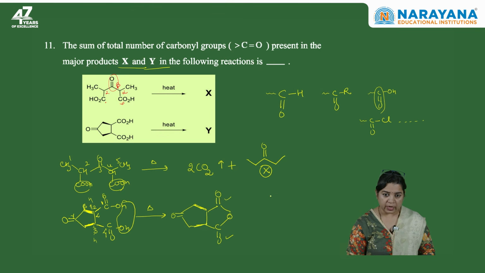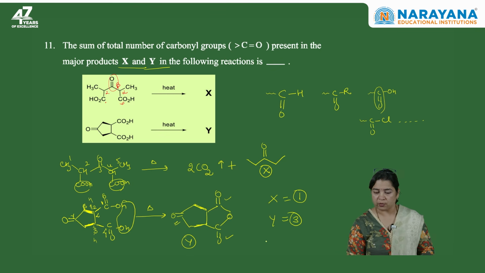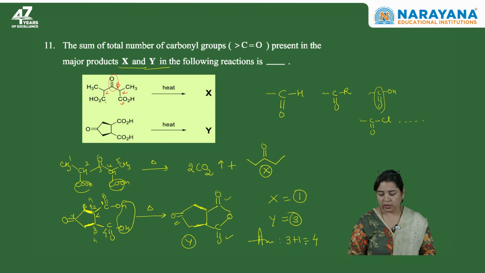Okay, so in X we have got 1 carbonyl. This is our Y. In Y we got 1, 2 and this original one, total of 3 carbonyls. We had to answer as the sum of these two. So the answer we'll put is 3 plus 1, 4. Is that clear? The answer we have to mark is 4.